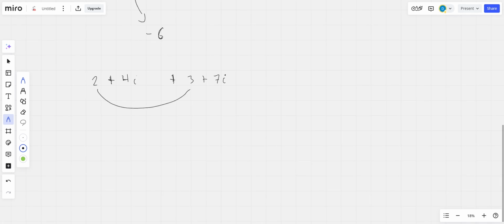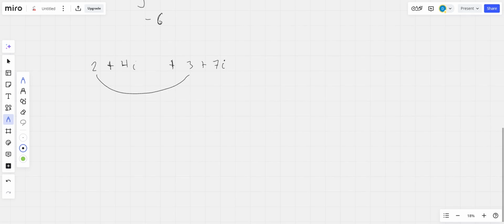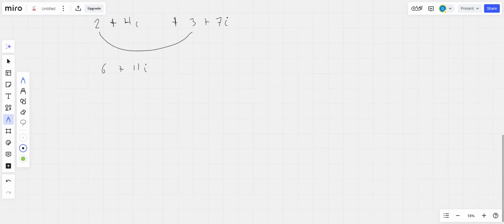You add up the real parts of the number, 6, and 4i plus 7i equals 11i. So a complex number is going to have a real component, or a real part, and an imaginary part.